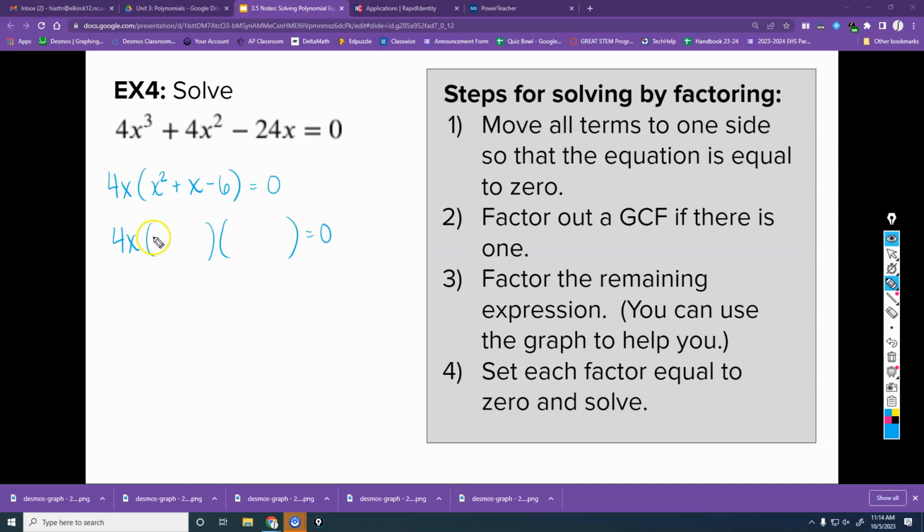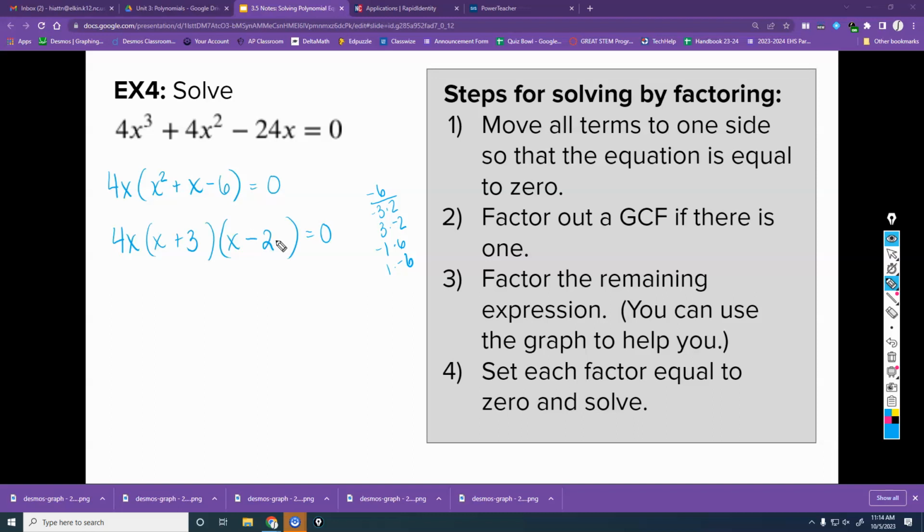So I got an x here and an x here. What numbers could I multiply to give me negative 6? Negative 3 and 2. I could do positive 3, negative 2, negative 1 and 6, positive 1 and negative 6. Which one do I need to use? Positive 3, negative 2.